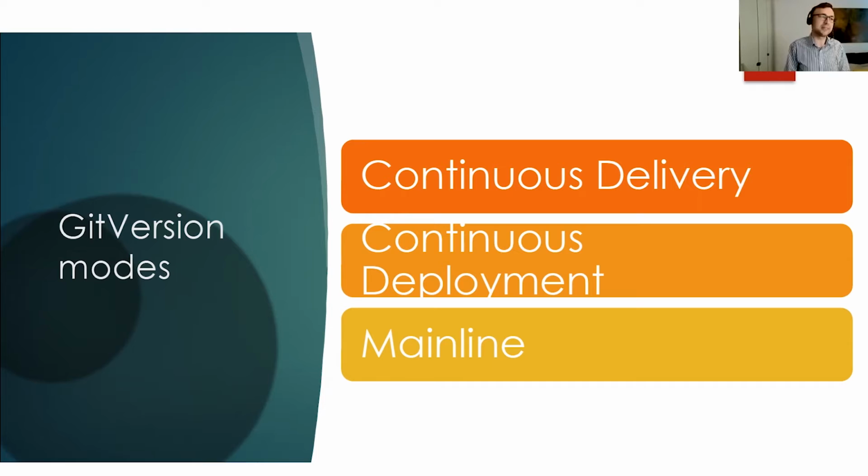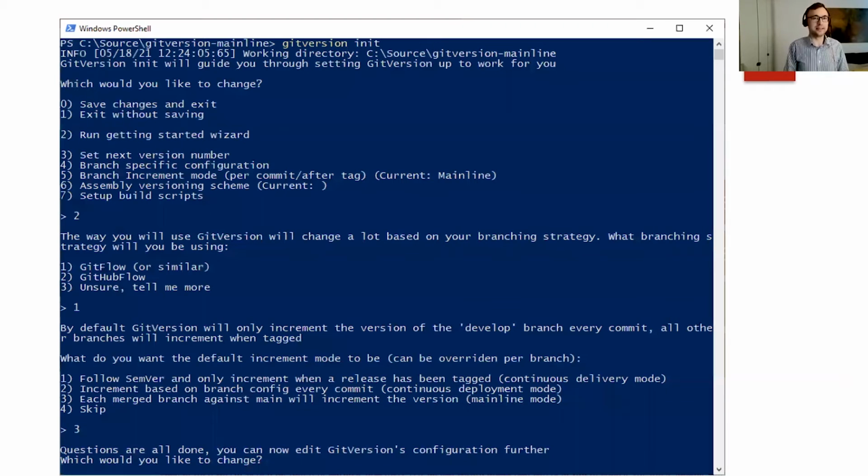But there is also a helper that can point you in a good direction, and this is a built-in wizard that asks you several questions and tries to pick the proper configuration for you.